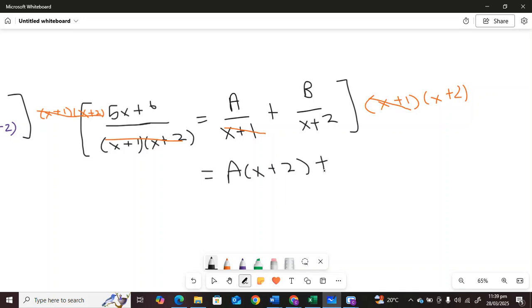Plus this b over x plus 2, we're multiplying it by the same x plus 1 times x plus 2. For b, the x plus 2 cancels with this x plus 2, so remain with b times x plus 1. Any questions?